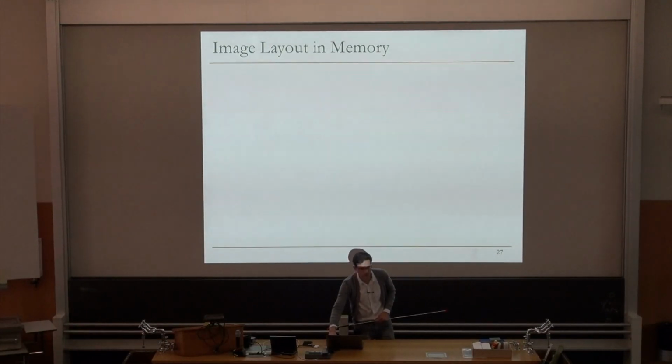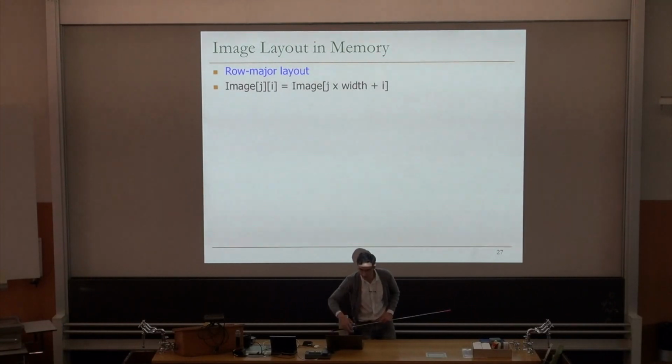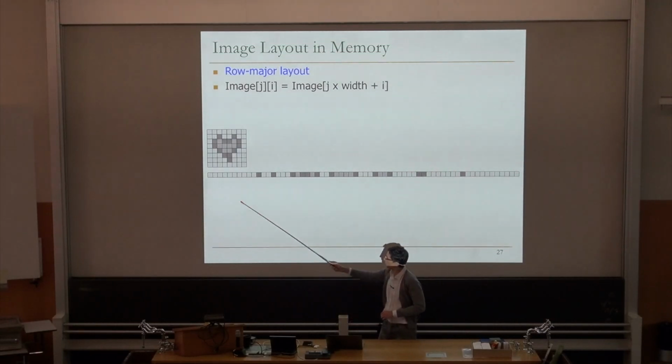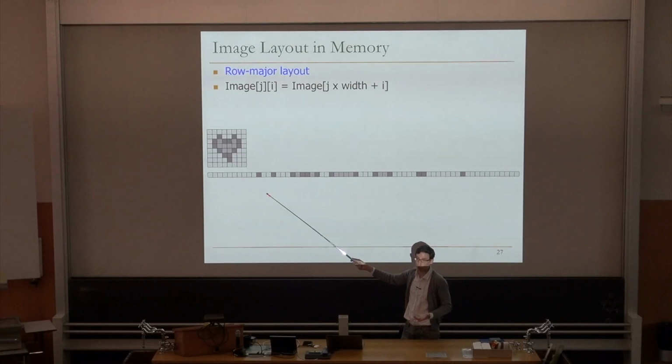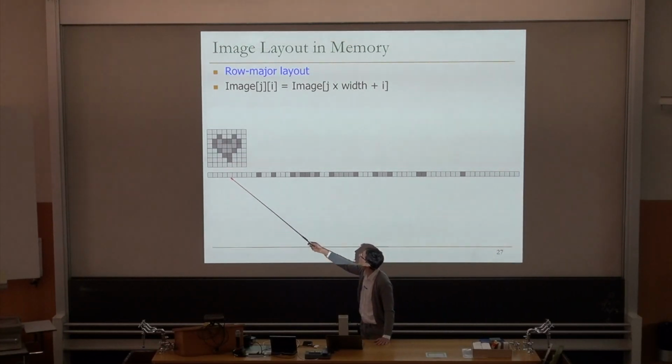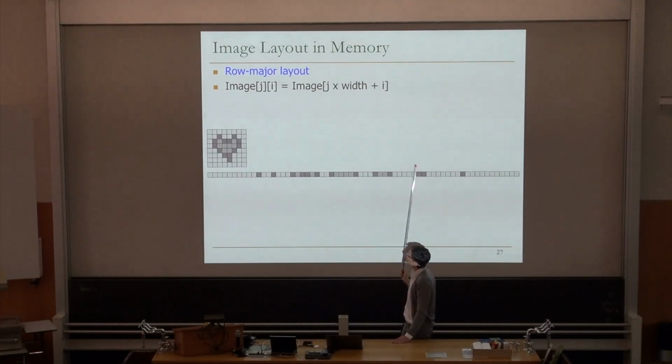And how are these images laid out in memory? In CUDA, same as in C, we use row major layout. So the way that this image is stored into memory is linearly, row wise, in row major layout, something like this.